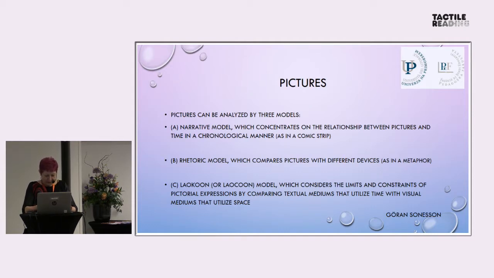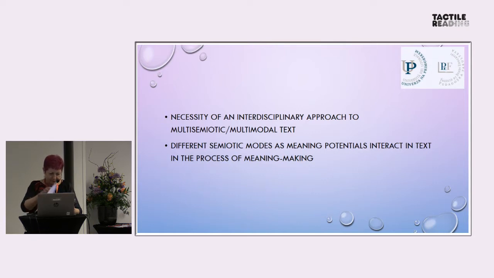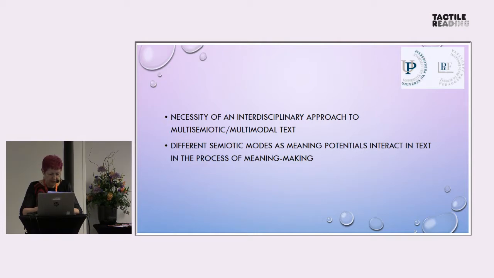According to Göran Sonesson, pictures can be analyzed by three models: narrative model, rhetoric model, and Laocoon model. There is a necessity of an interdisciplinary approach to semiotic or multimodal text. Different semiotic codes, modes and meaning potential interact in the text and the process of meaning making.